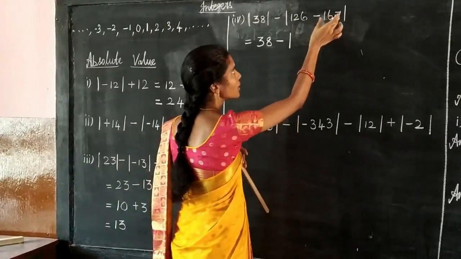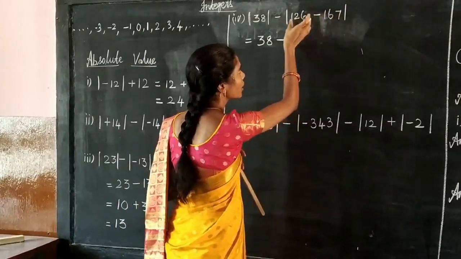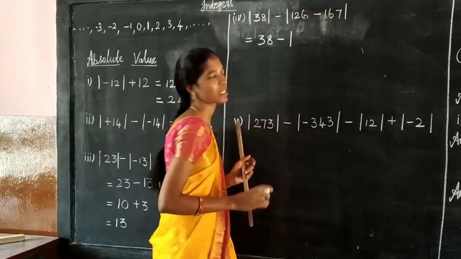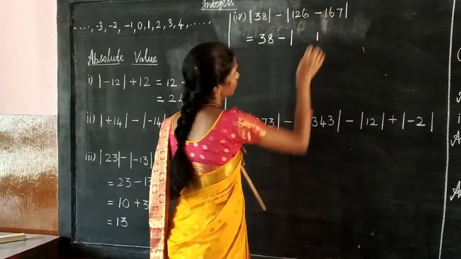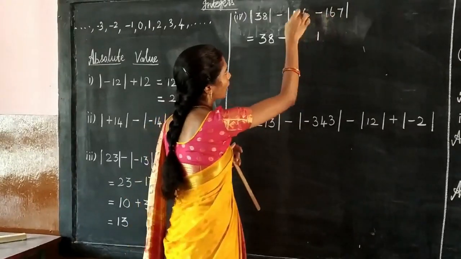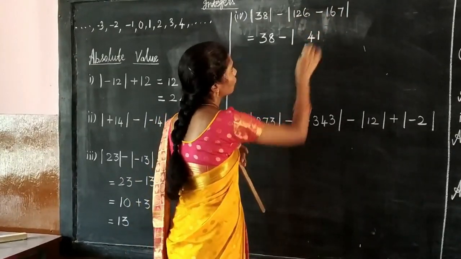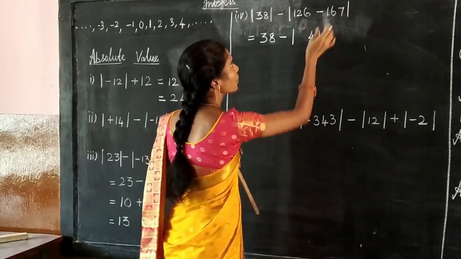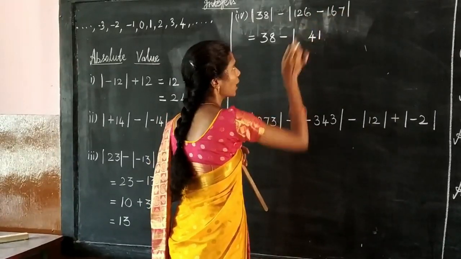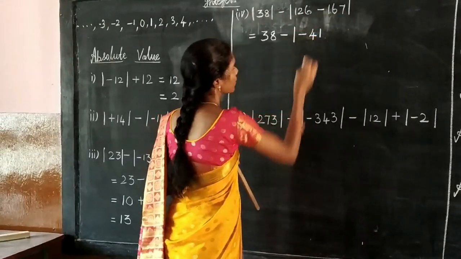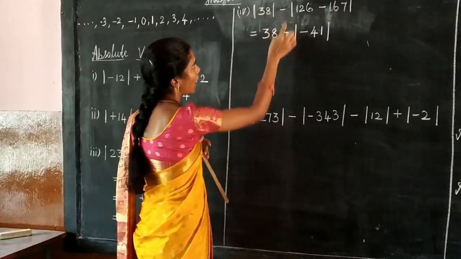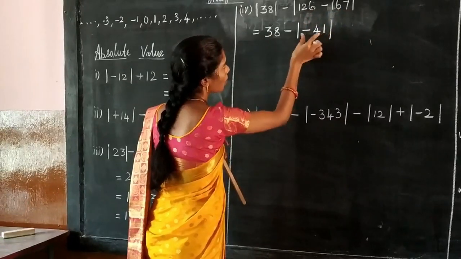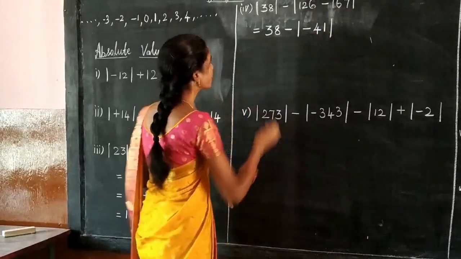So, we have to subtract 126 from 167. So, 7 minus 6, 1, then 6 minus 2, 4, 1 minus 1, 0, and the sign of the bigger number we have to attach here. So, minus 41.